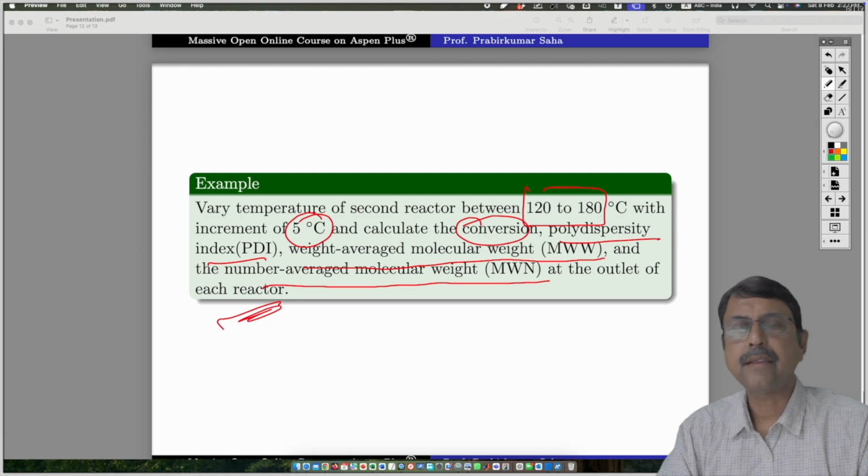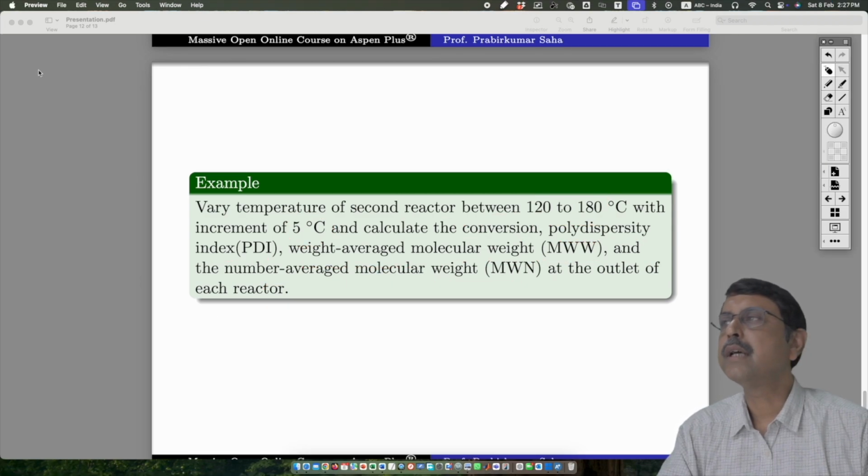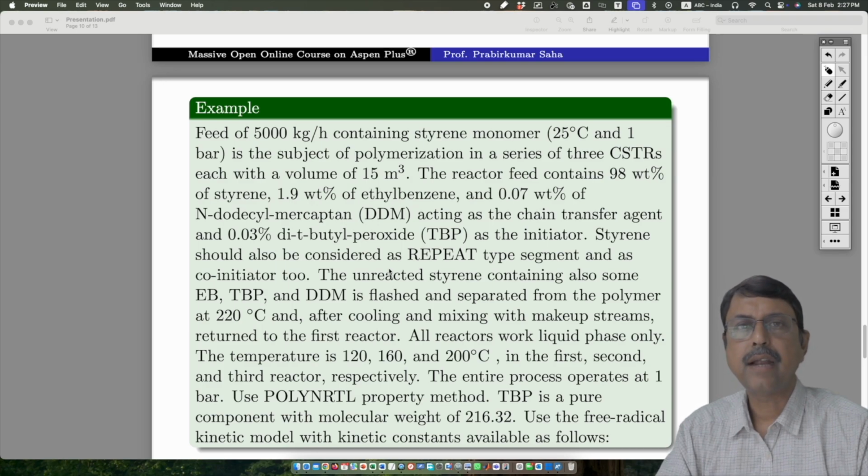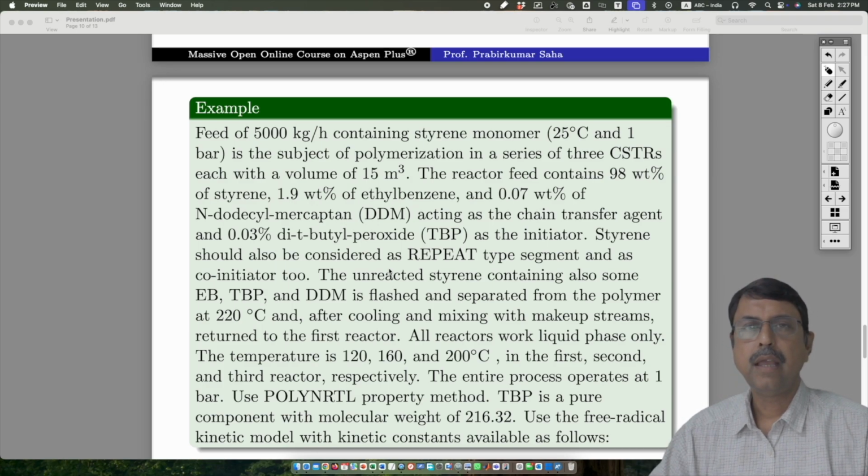So this is the task that we have to perform. Now let us go to the Aspen Plus simulation window and start solving the problem. In the course of solving, we will come across various things that we will learn as and when they appear before us.